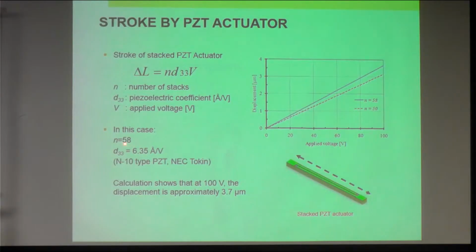In this case, N58 with D33 of 6.35 Angstrom per volt, using the materials by NEC, the calculation shows that at 100 volt, the displacement is approximately 3.7 micrometer.